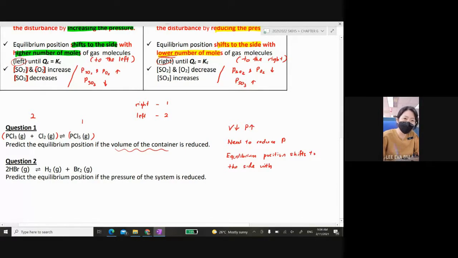It shifts to the lower, kan? Okay. So besides saying lower number of mole, you can also say shift to the side with fewer, lower or less mole of gas molecule. And then in bracket, you need to indicate, is it towards the left or towards the right? Okay, so kita tulislah to the right hand side.